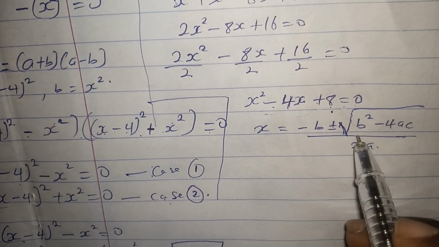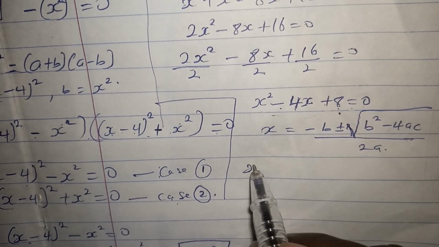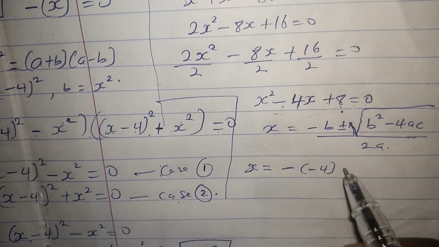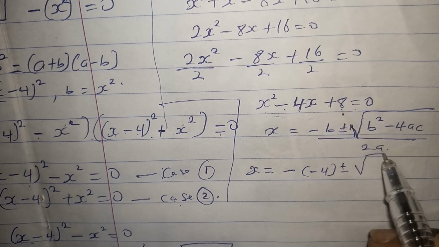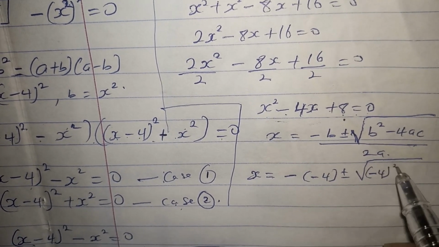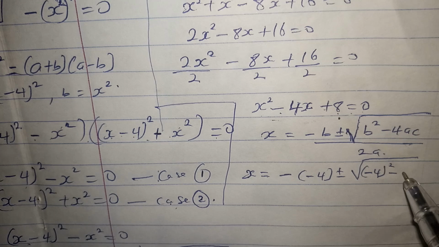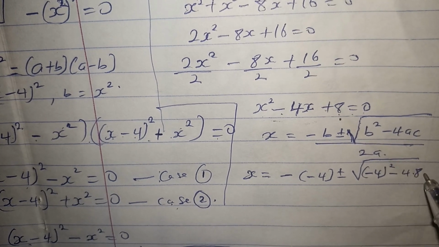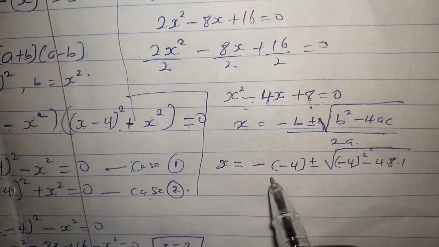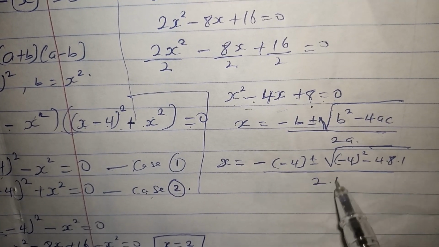If we apply this principle here, we have x equals minus (minus 4) plus or minus the root of (minus 4) squared minus 4 times 8 times 1, divided by 2 times 1.